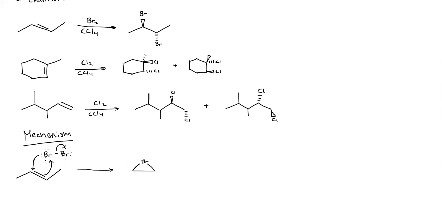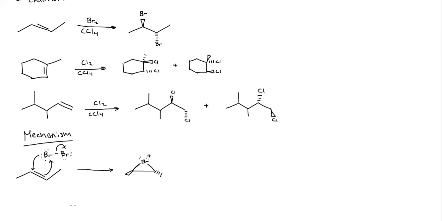We form a ring, and this has a positive charge and 2 lone pairs on it. In our starting material, I have a methyl group and another methyl group, and they're trans to each other. So in this ring, they're going to continue to be trans, because in the starting material they're trans.